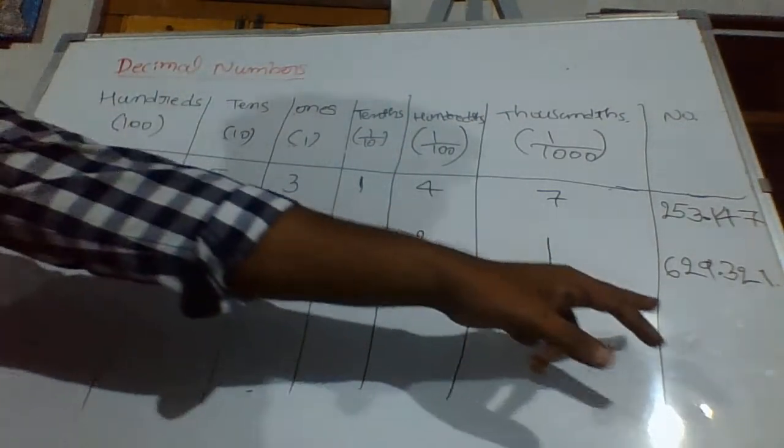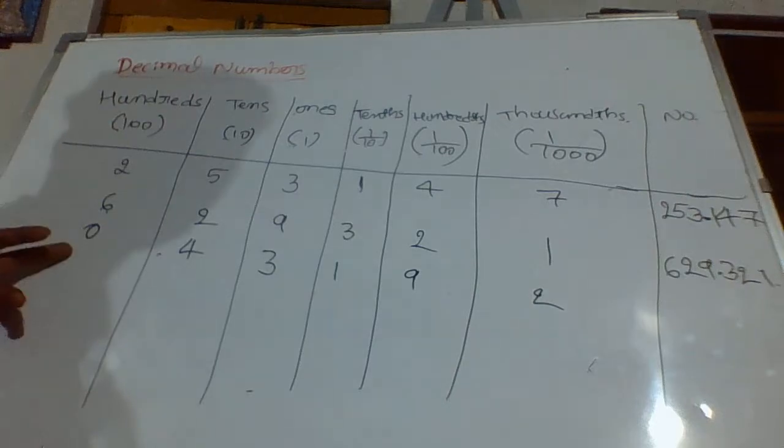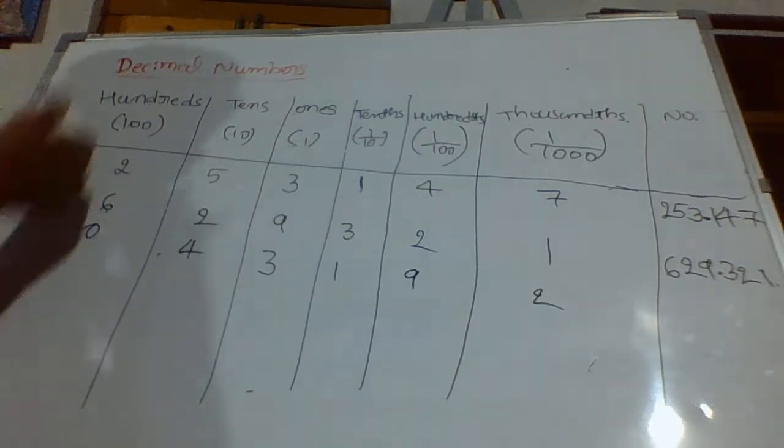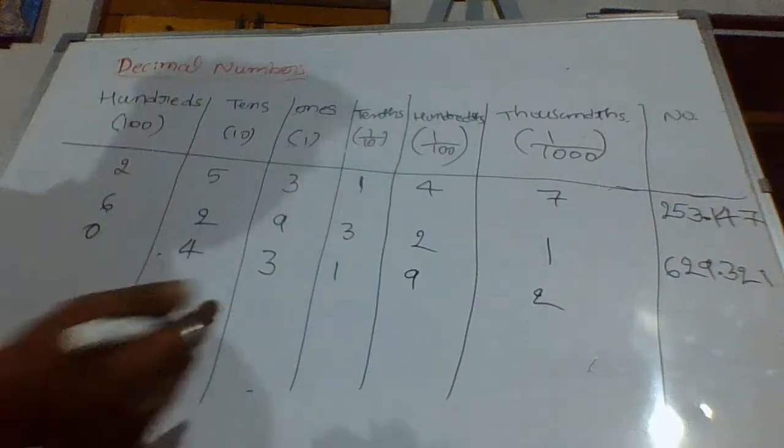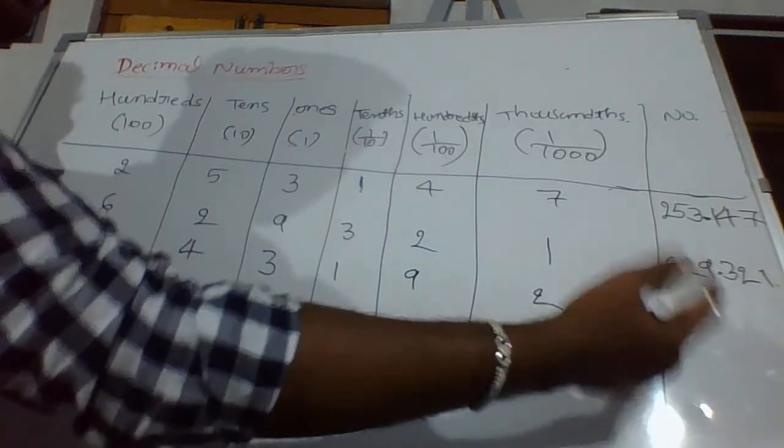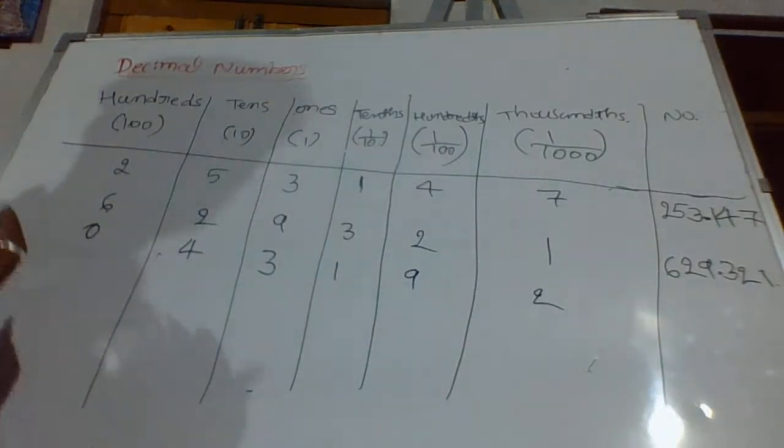So here in the hundreds position you can write 0 or you can leave it. Here 0 into 100 means at the 100th position we will get 0 only. So you can write 0 also or you can leave that number.